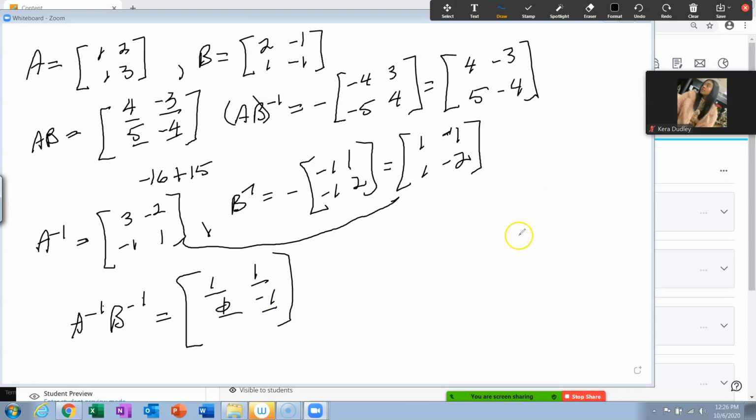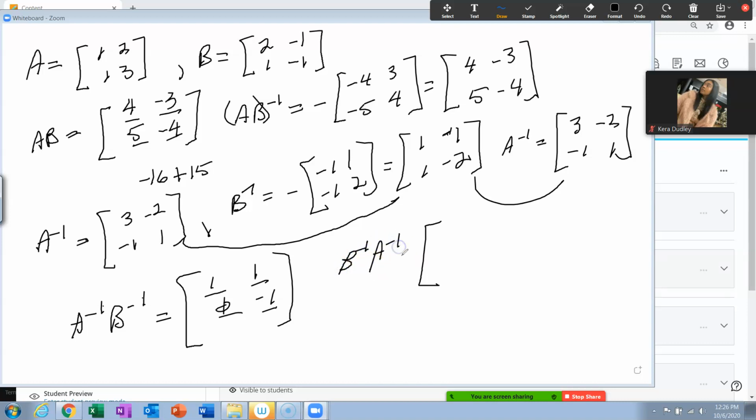Now what we're going to do, I'm going to write A inverse again over here. Just copy it down, 3, negative 2, negative 1, 1. And I'm going to multiply these two together. This is B inverse, A inverse. That's going to be a 2 by 2. The first entry will be 3 plus 1 is 4.